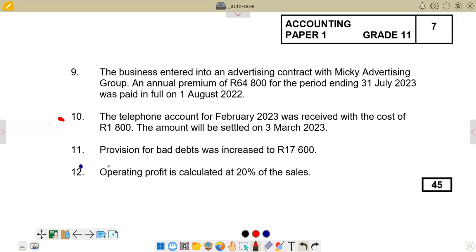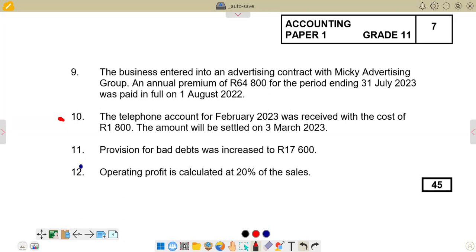Remember, the amount that we are given in the list of balances represents the actual amount that was paid according to each expense. So it means the amount that we have in the list of balances is short of 1,800, which means there is an accrual of 1,800 for telephone. So we're going to add this 1,800 to the figure that we are given in the list of balances.